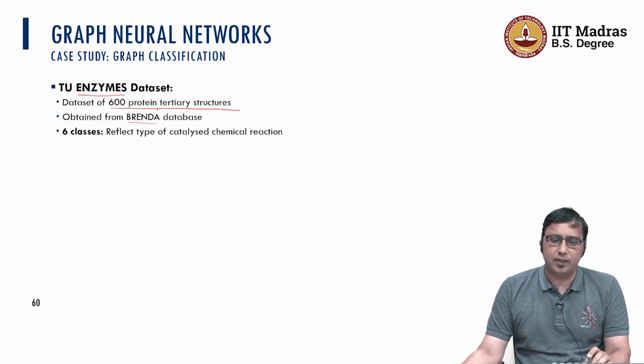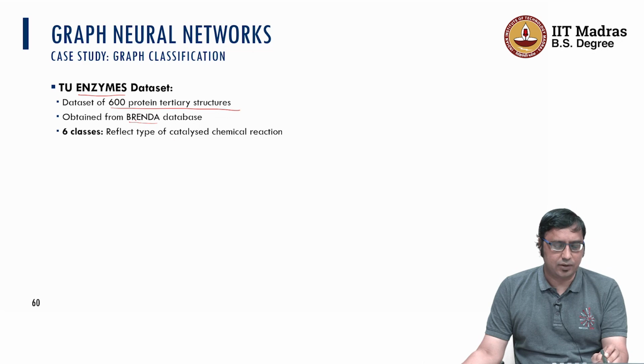Each protein structure is associated with one of 6 classes of chemical reactions which this particular enzyme can catalyze.